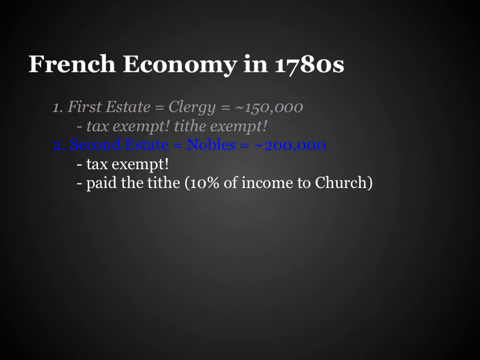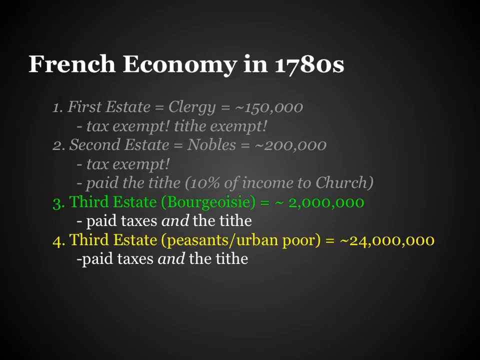The Second Estate, like the First Estate, was also tax-exempt. They paid no tax on their income and no tax on their land. But the Second Estate did pay the tithe to the church, and so they did have some money going out of their treasury. In France, the Third Estate paid both taxes and the tithe. That means that they paid money to the state for income and or for land, and the tithe to the church.